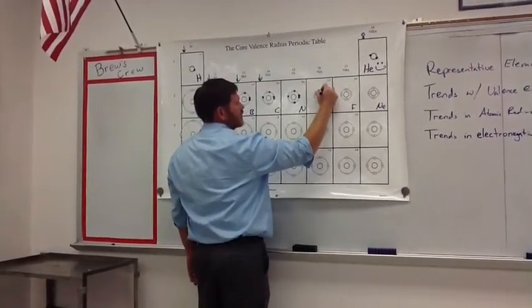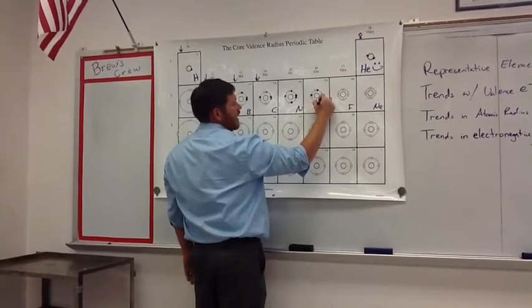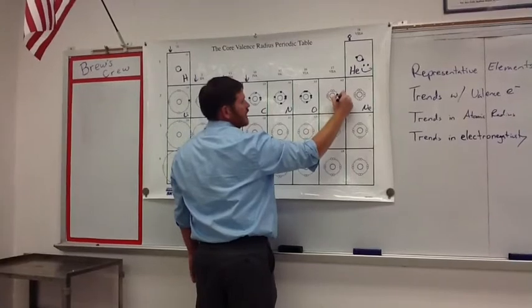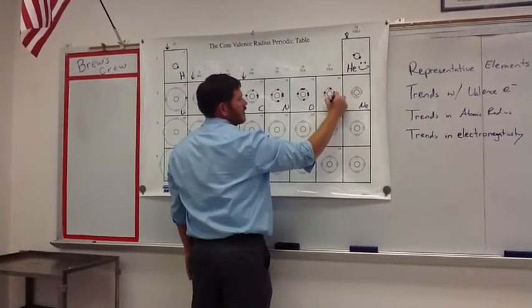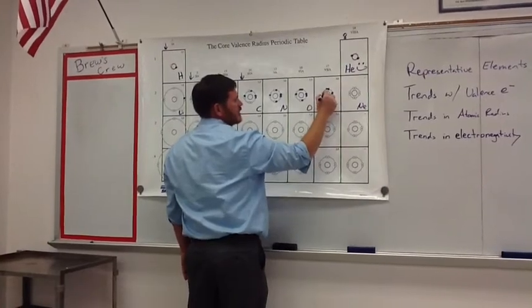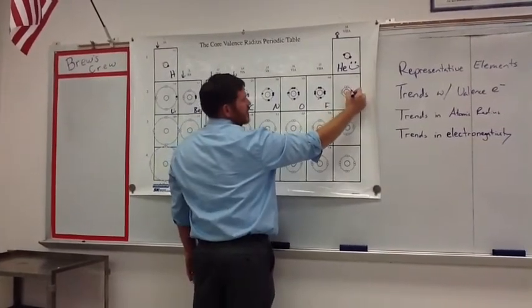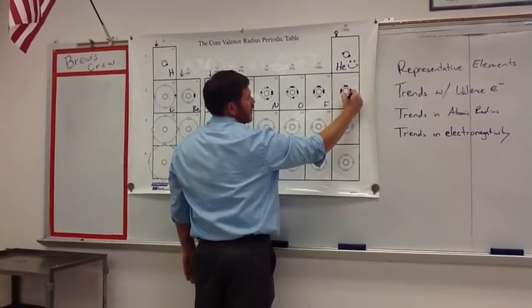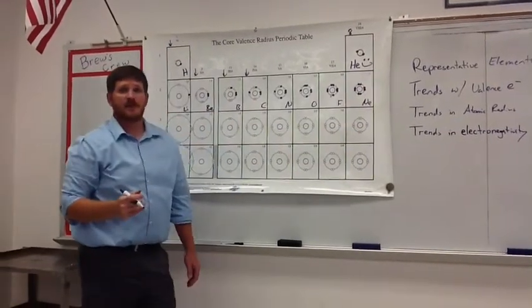Oxygen, 1, 2, 3, 4, 5. Now we're going to start buddying up. Fluorine, we've buddied up once and twice. And then neon. Look at what we've done here. We are full. And what do we say about something that is full?